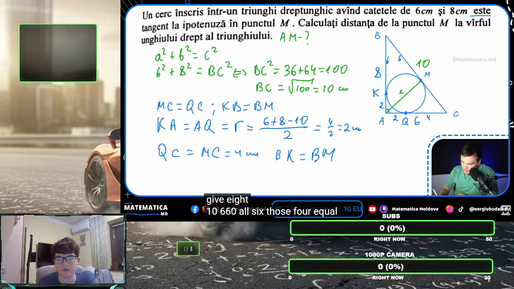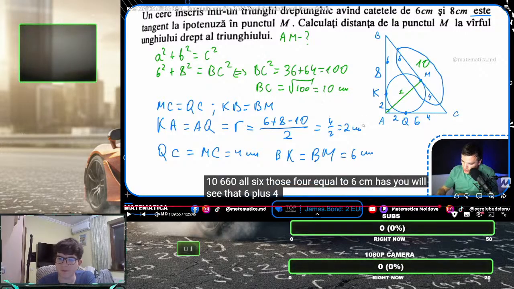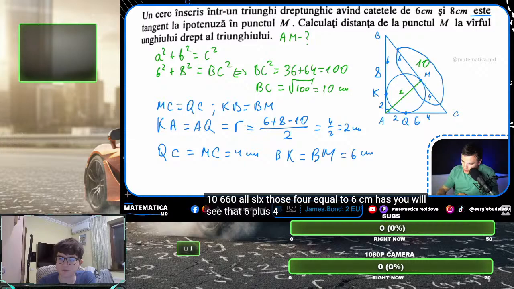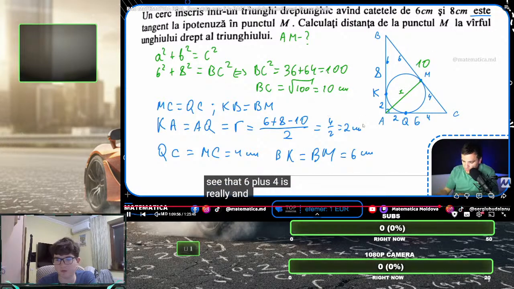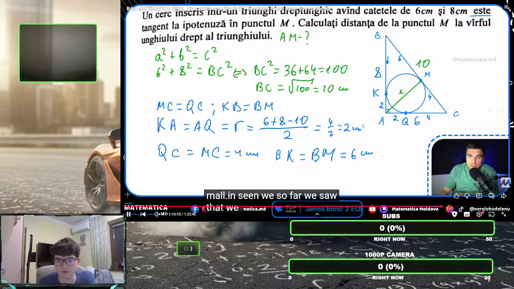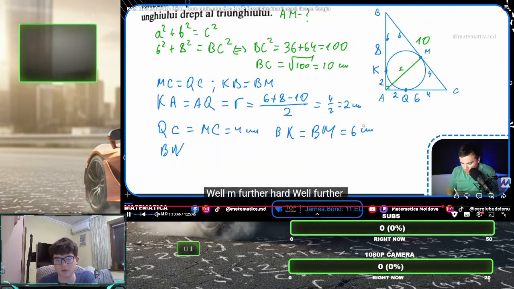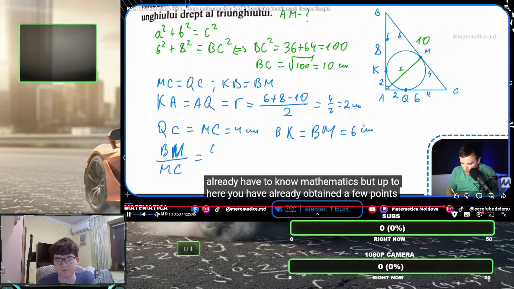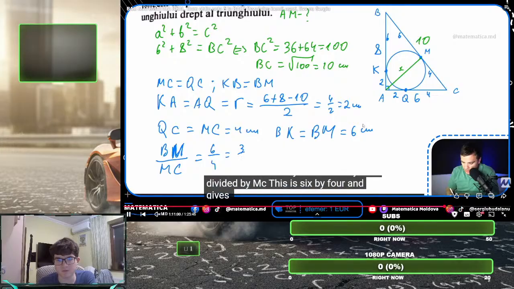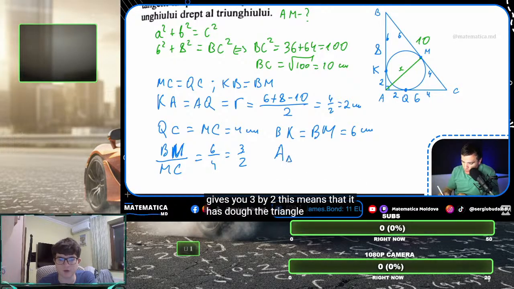So that's 6 right there. And now we know this stuff. We can apply some formula there and be done with it. Okay. So BM on MC is gonna be 6 divided by 4. It's gonna be 3 divided by 2.